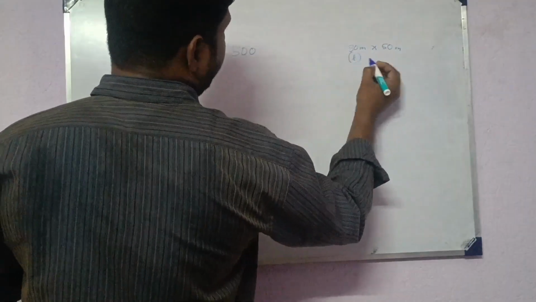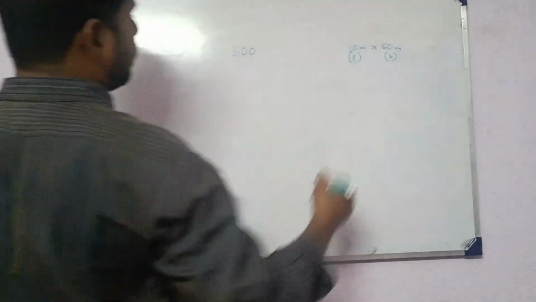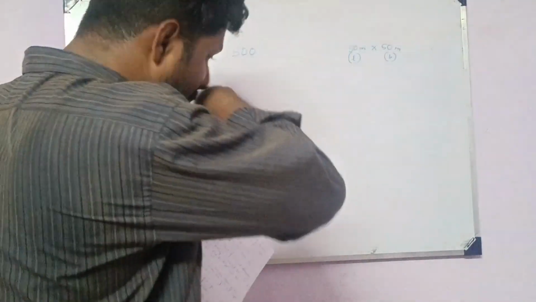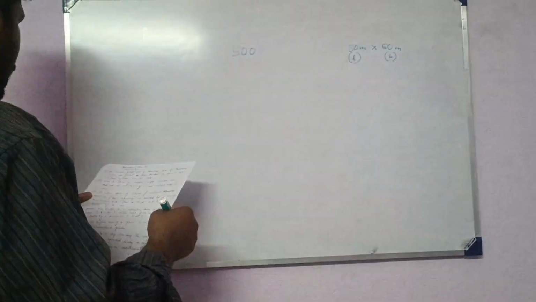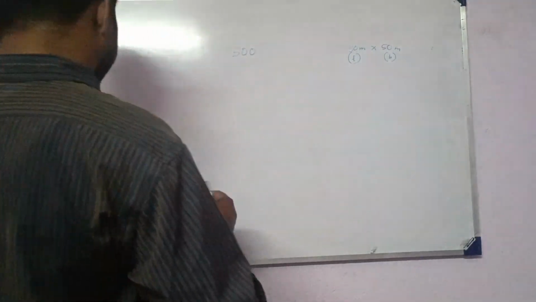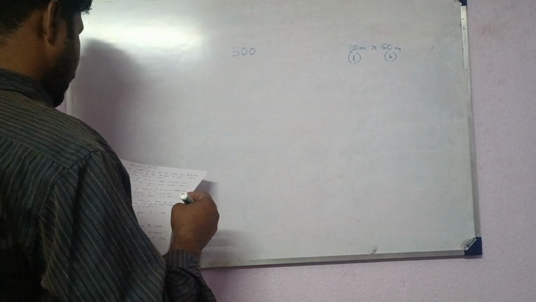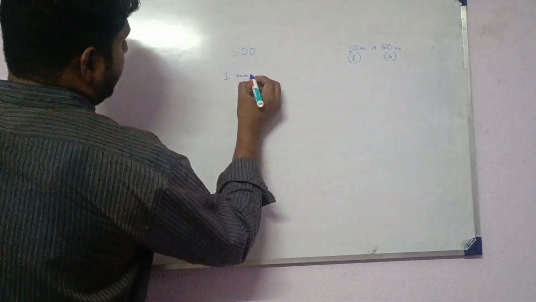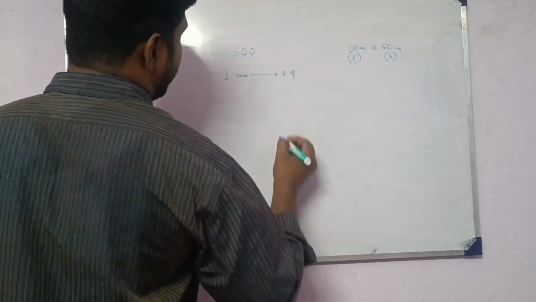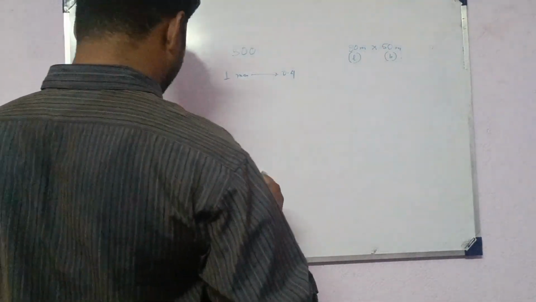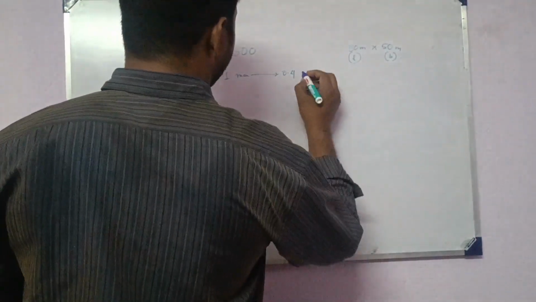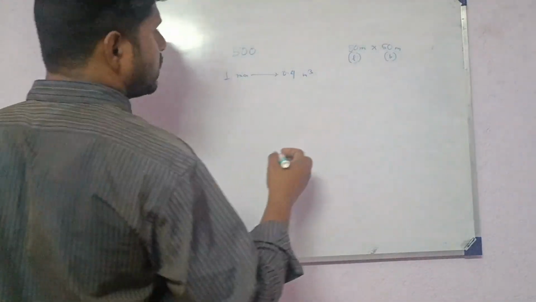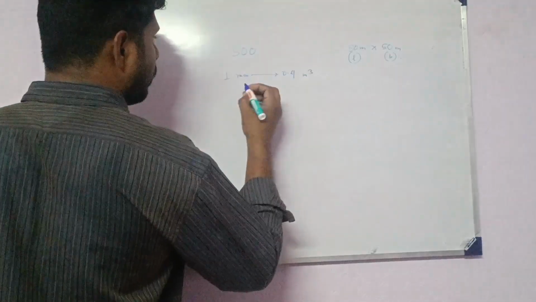Therefore this is the length of rectangular tank and this is the breadth of rectangular tank, and there are 500 person je naki rectangular tank e they will take dip, and one man can displace 0.4 meter cube of water.